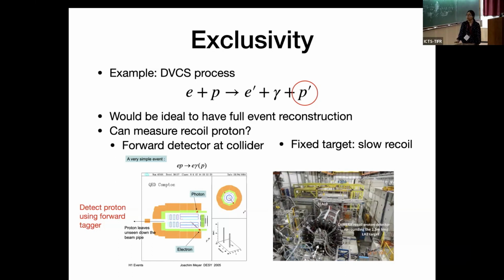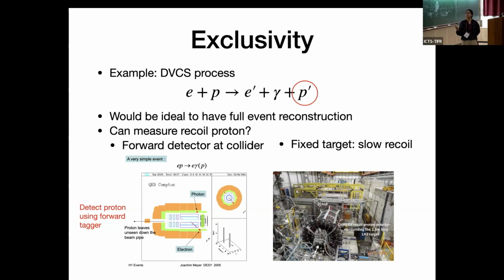To check the exclusivity, for example, let's look at the DVCS here. The DVCS is from e plus p, and then you have the e and the proton here after scattering, and also the photon here. So you can normally measure this scattering electron and photon from the detector. But in fixed target, you only have the electron beam with energy coming in, but your target is at rest, right?